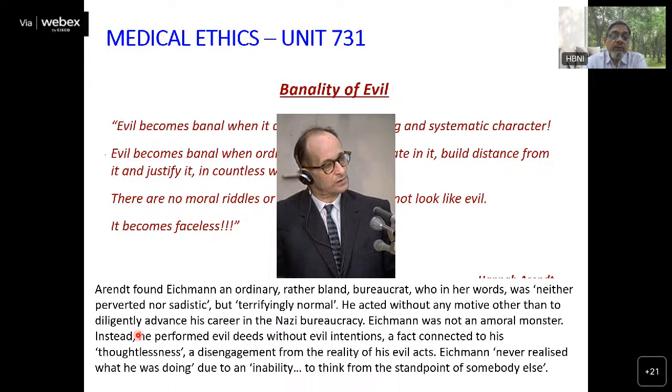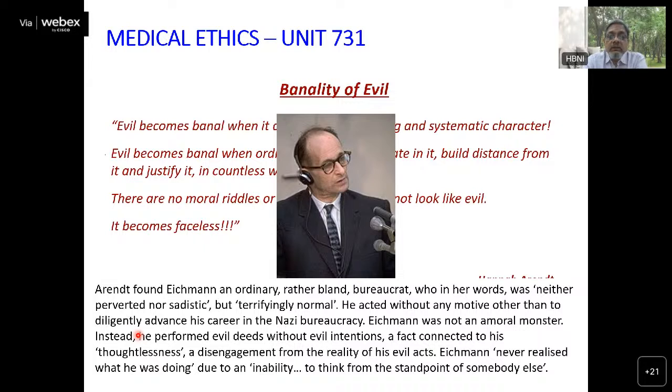So she found that this person, Eichmann, who sent thousands of Jews to their death, was a very ordinary and bland bureaucrat. He was neither sadistic, nor perverted, nor a cruel looking person. He was a very normal, simple person.